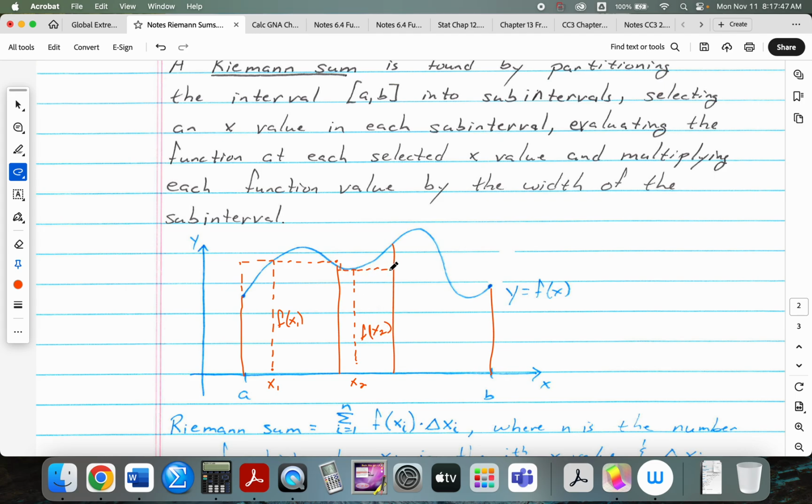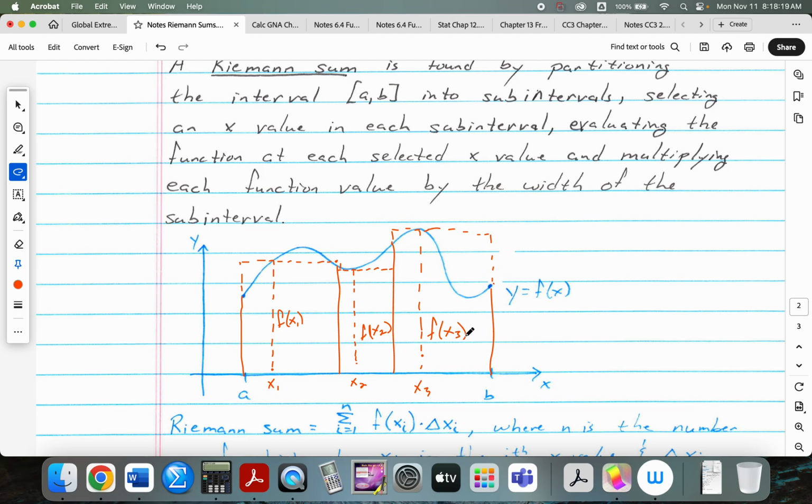If I pick the lowest point, then I'm going to miss some. And on this one, I'm going to pick the highest point, just to be obnoxious. So this is f of x sub 3.